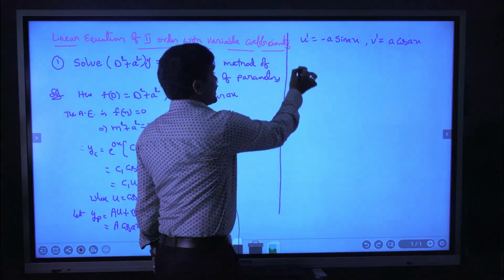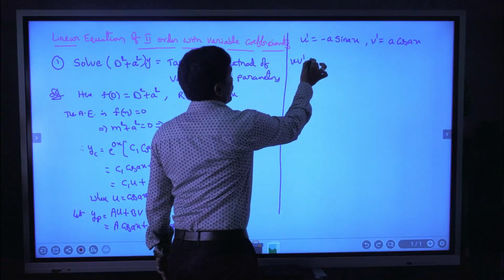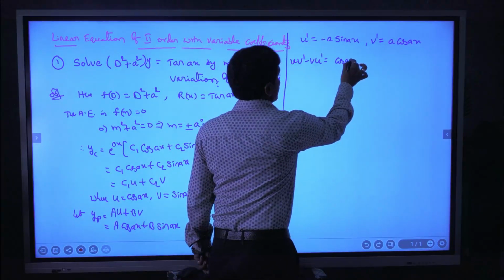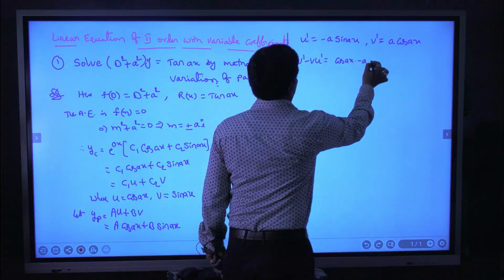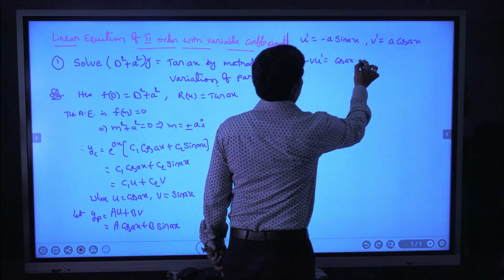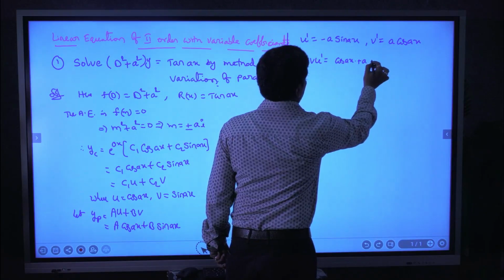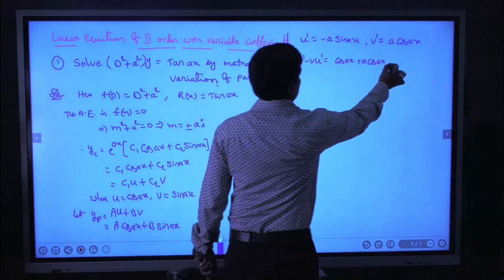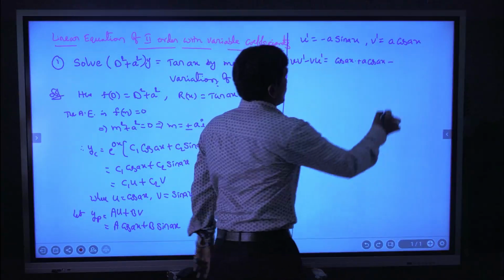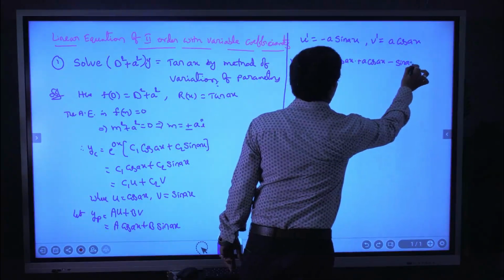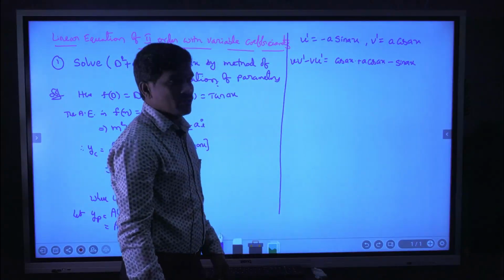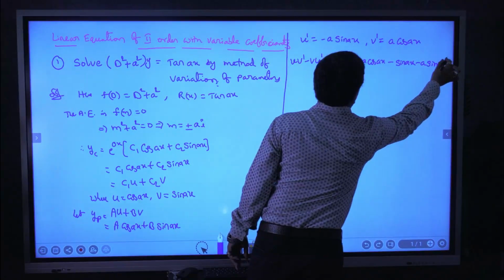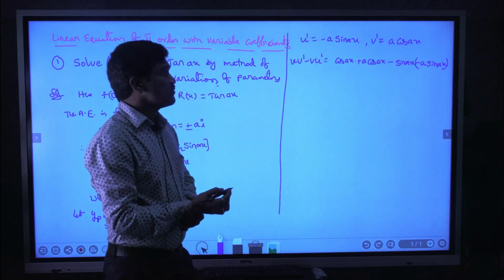Now write uv dash minus vu dash. So cos ax into a cos ax, that is uv dash, minus v, sin ax, into u dash, minus a sin ax. So this is uv dash minus vu dash.